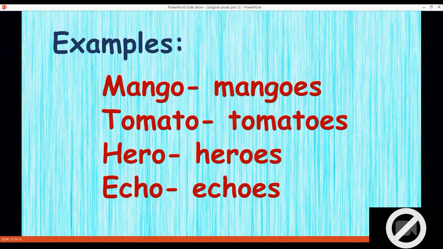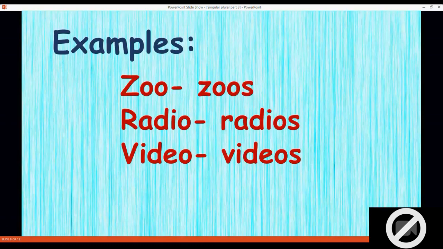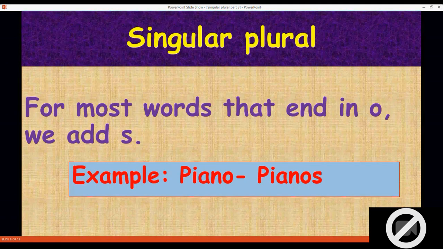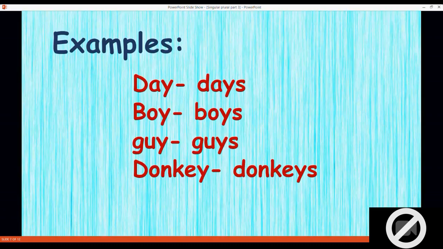Just try to keep these rules in mind. Once again, I'll tell very fast. If there is a Y and you find a consonant before Y, you add IES.